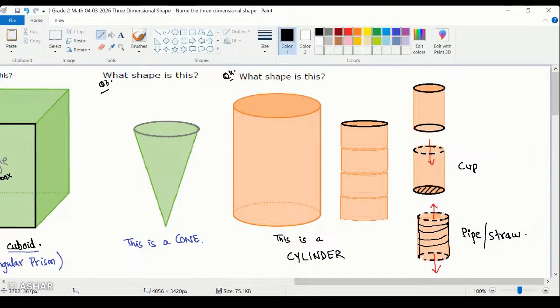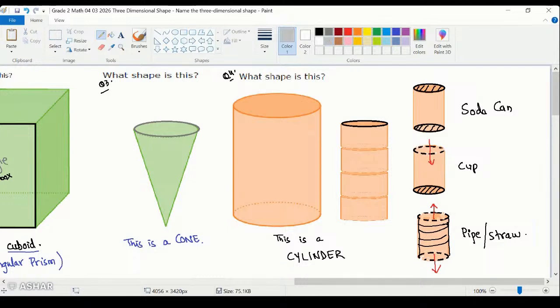Do we agree? And if both the sides were closed, it can be a soda can, right? A Pepsi can, a Coke, or a juice. It can be a soda can. Perfect. So now do we understand the difference?